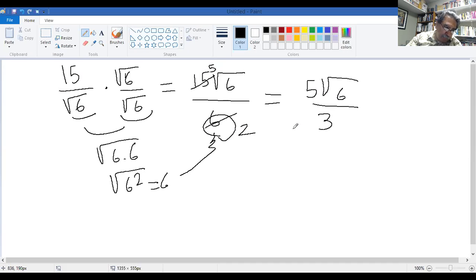This is your answer. I'm sorry, this divided by 3 becomes 5, and 6 divided by 3 becomes 2, so the denominator is 2, not 3.